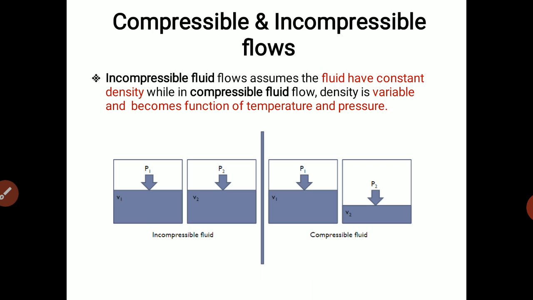And in compressible flow, the density is variable and becomes a function of temperature and pressure. For example, for compressible flow, problems involving flight of rockets, aircraft, flow of air in problems concerned with turbo machines, compressor blades, flow of gases through openings like nozzles.